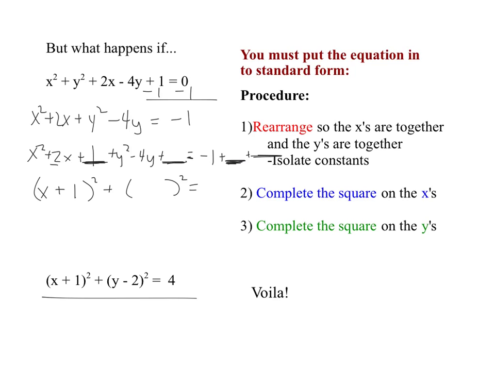It goes here, so I have to write it on both sides. For the y, take this number, divide by 2, square it, goes there and there. So when I add all these 3 together, I get 4. It's the same as what we did with the parabola, but you're just doing it twice. And now I could tell you that the center is negative 1, 2, and the radius is 2.